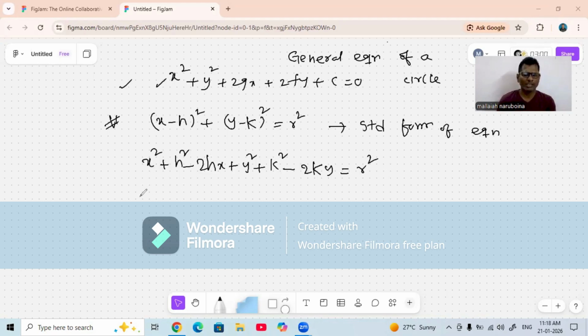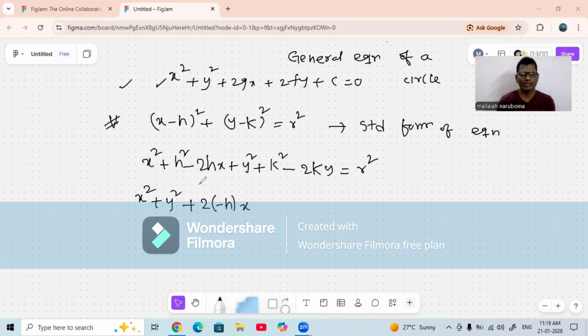Now we are making some arrangements here. First write x square, after that write y square, then write minus 2hx, I am writing 2, here writing minus h, so here I am keeping plus symbol.